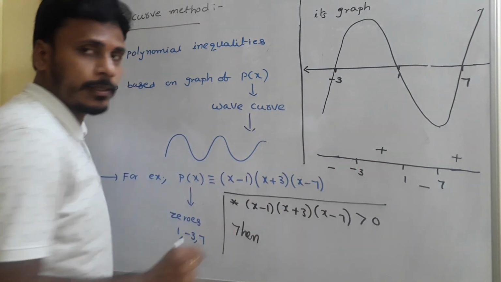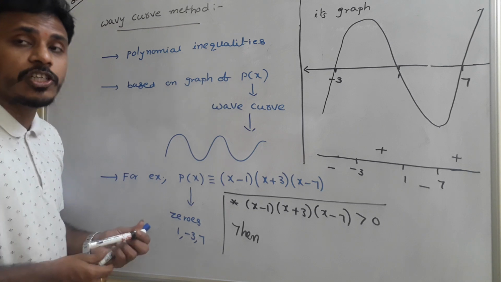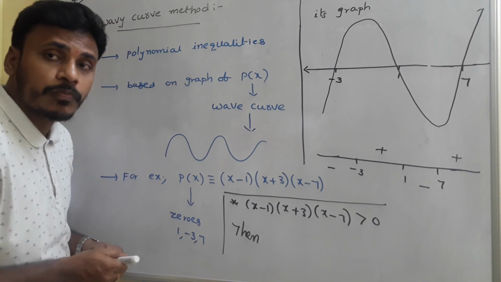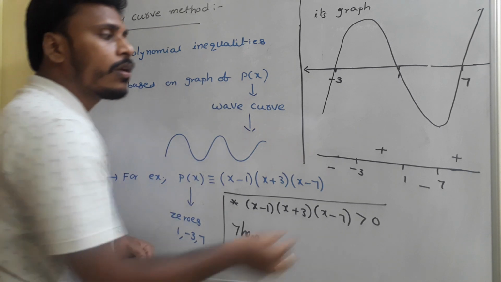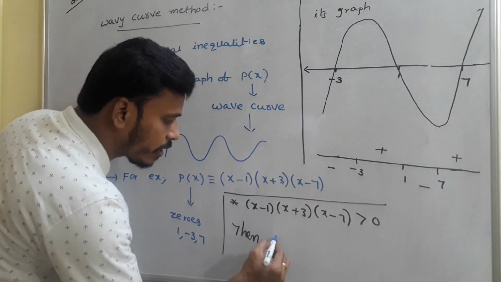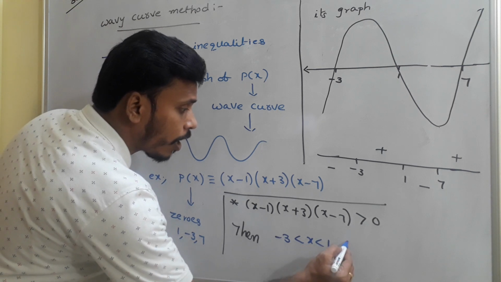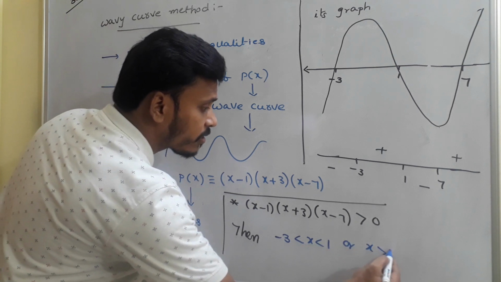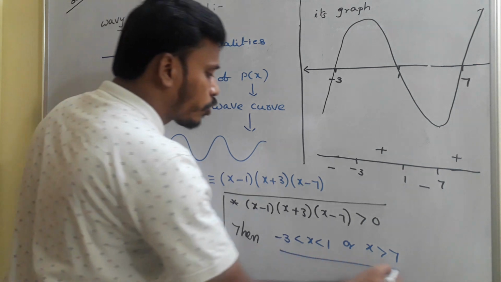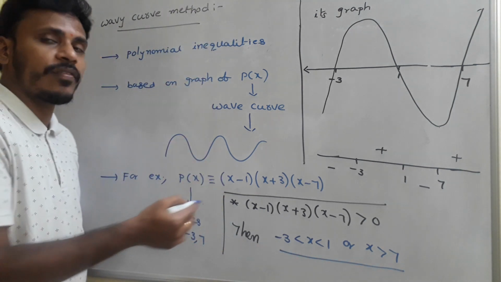This is enough actually. This is greater than 0 whenever the graph is positive, that is, where we have the plus sign. That is in between minus 3 and 1, so minus 3 less than x less than 1, or x greater than 7. So this is the solution. These are the values of x for which the polynomial is greater than 0.